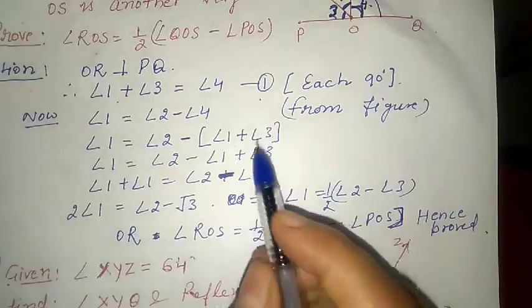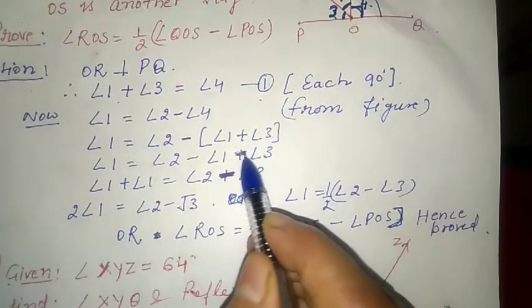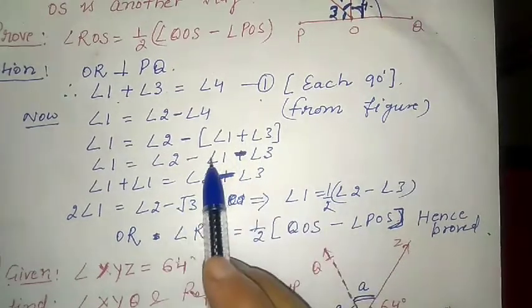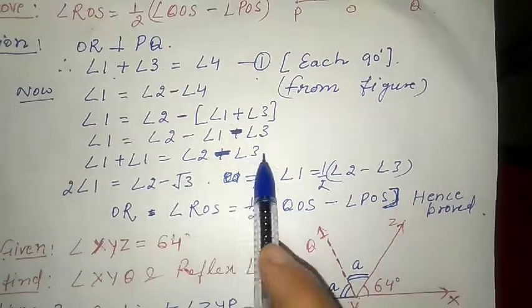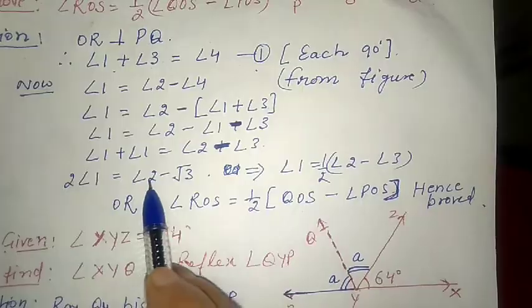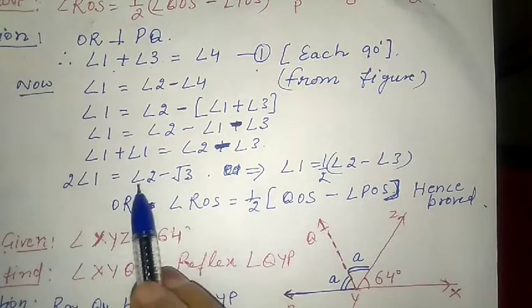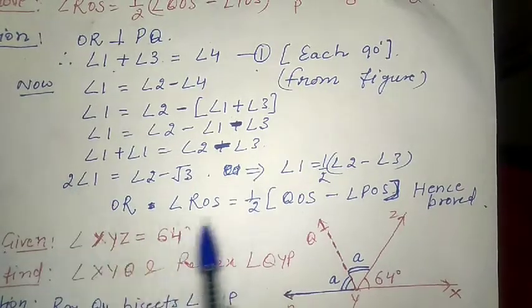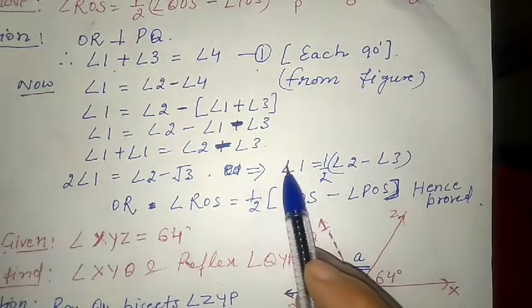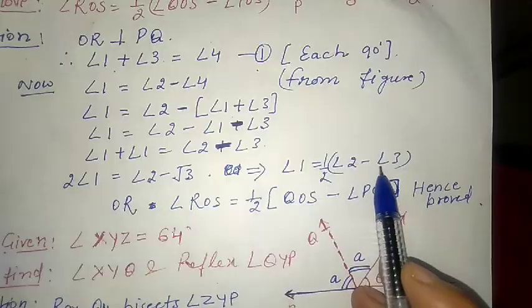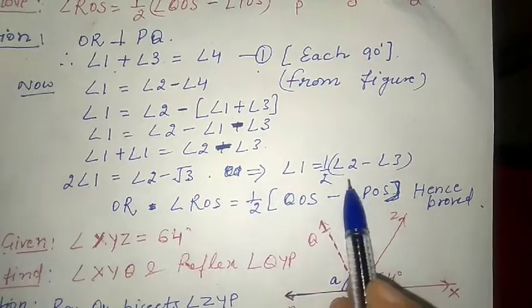Now open the bracket, the sign changes and becomes minus. Minus 1 transposed to the left side becomes plus, so twice of 1 is equal to angle 2 minus angle 3. Twice of angle 1, we transpose the 2 to the right side, it comes in the denominator. Angle 1 is half of (angle 2 minus angle 3).